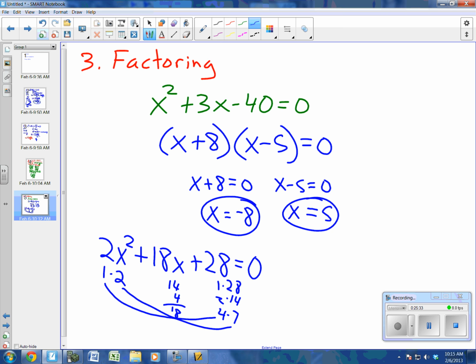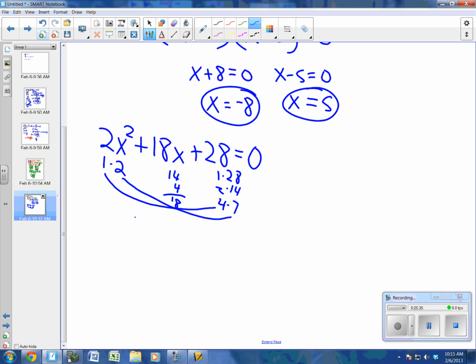So I can factor this one to be 2x and x, where this is 1x, and that's 2x right there. And I know 7 goes opposite of 2, so here's 2, so 7 is going to go over here, and 4 is going to go right there.